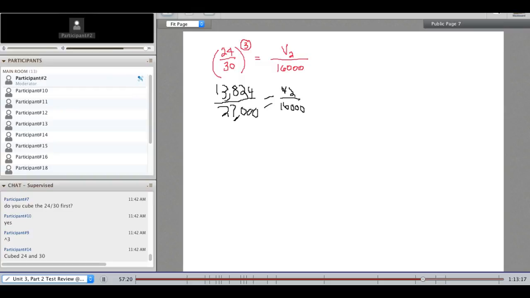Yes, the cubed applies to both the 24 and the 30. So it's 24 cubed over 30 cubed. If you type in 24 cubed, you get this number here, and 30 cubed gives you 27,000, okay? Good. Now these are some big numbers, but after this point, you guys have been practicing this quite a bit, so at least you can take a sigh of relief. You know what to do from there, right?